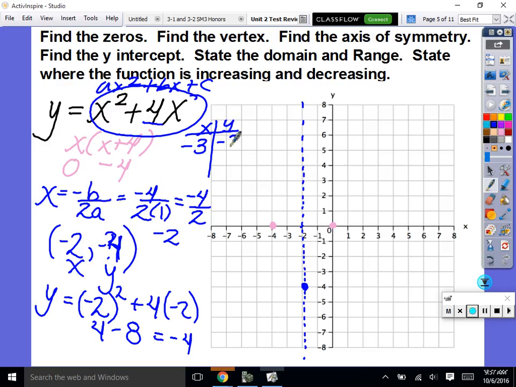Okay, perfect. So let's graph that. -3, -3. Awesome. And then -1, -3. Isn't that also a point? So we have enough points to draw in this U.